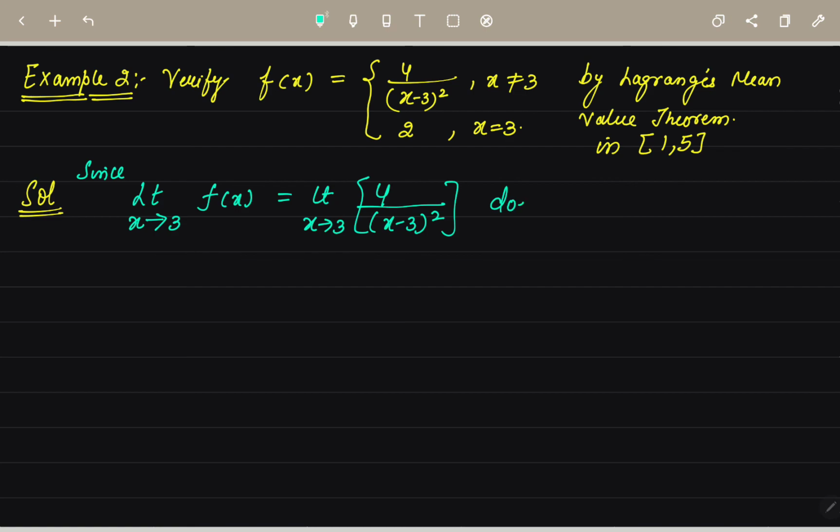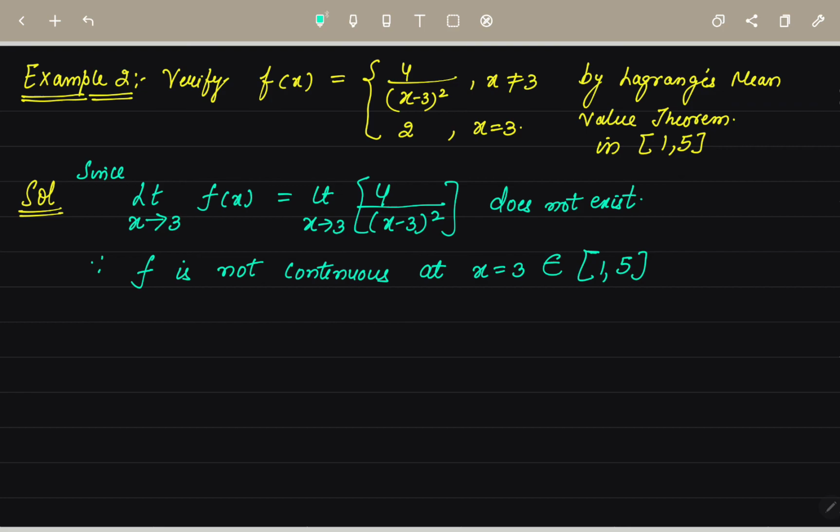So the limit does not exist. This function is not continuous at x equal to 3, which belongs to the closed interval 1 and 5.